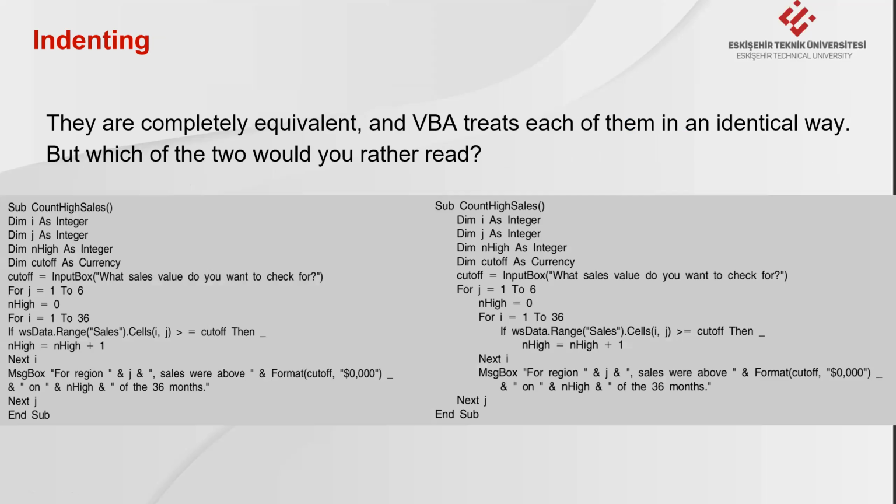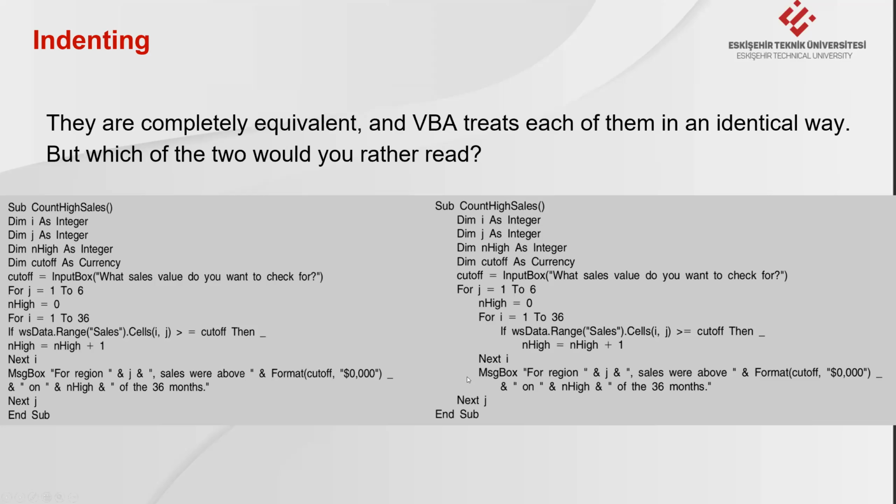It is not like Python, because in Python, as you know, you define the starting point and the end point of the for loop, if condition, classes or functions by indentation. But in Visual Basic, we have keywords for all the starting points and endpoints.